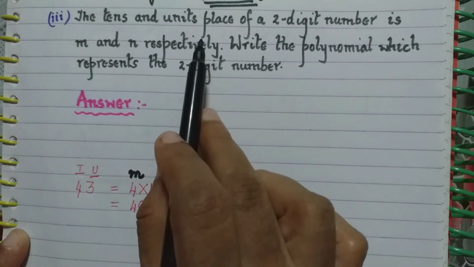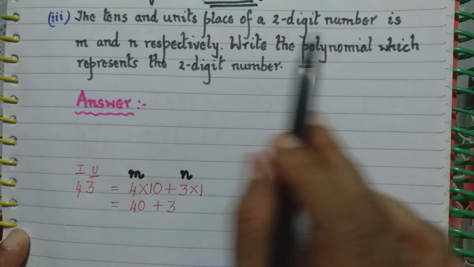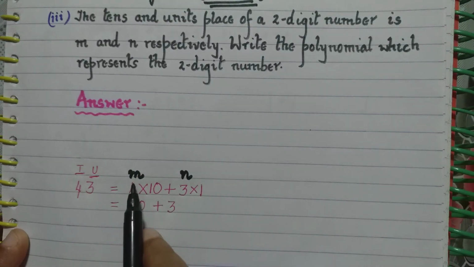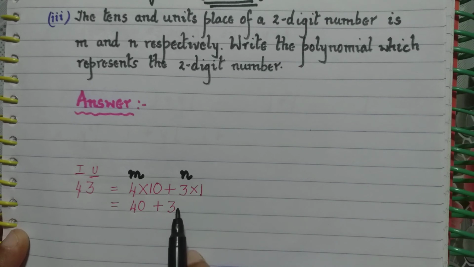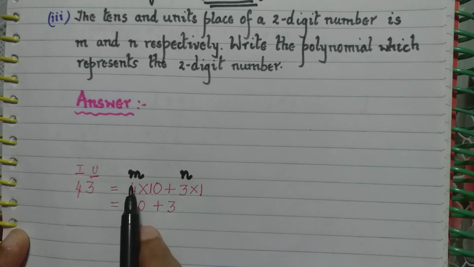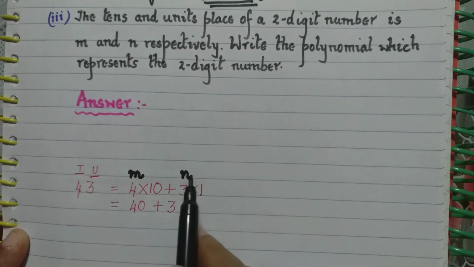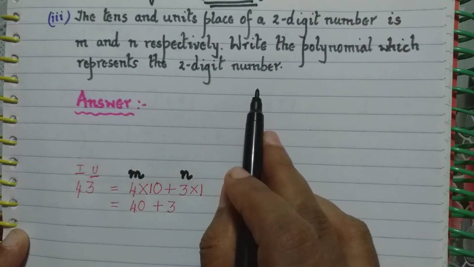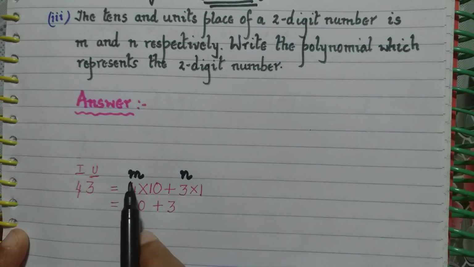Because they said the tens and units place of the two-digit number is m and n respectively. So, tens place is m, units place is n. So, when I am writing the answer, write the polynomial which represents the two-digit number. What will it be? In place of 4, I will write m.